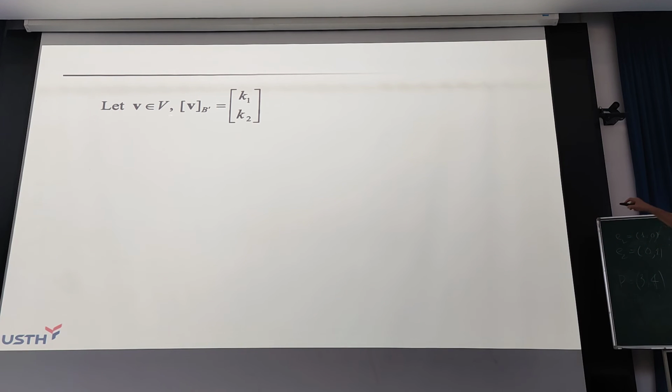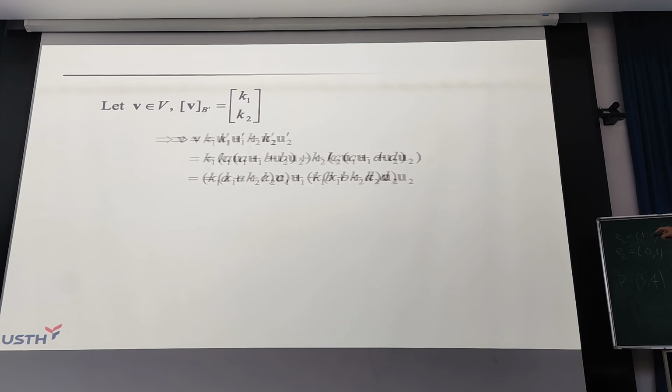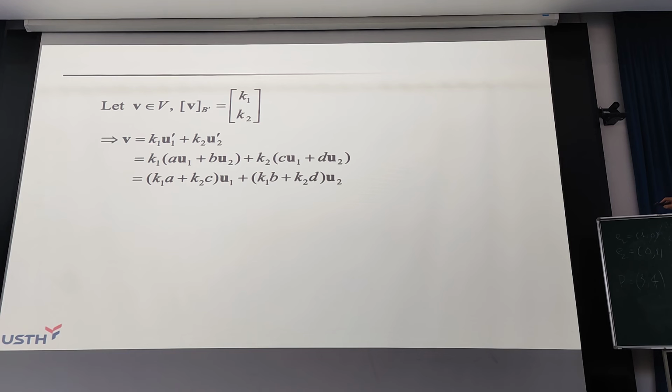Now, suppose that V inside V has the coordinate K1, K2 relative to the basis B prime. What does it mean? It means that V equals K1 U1 prime plus K2 U2 prime.